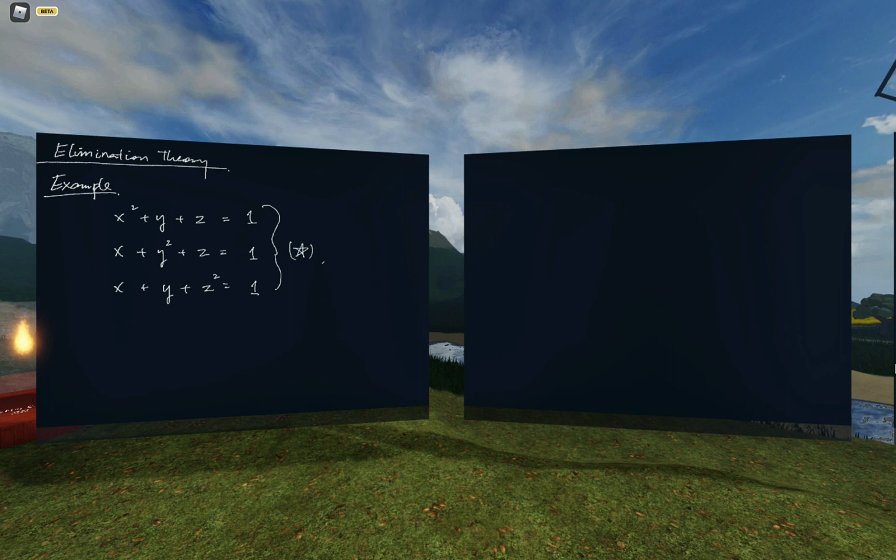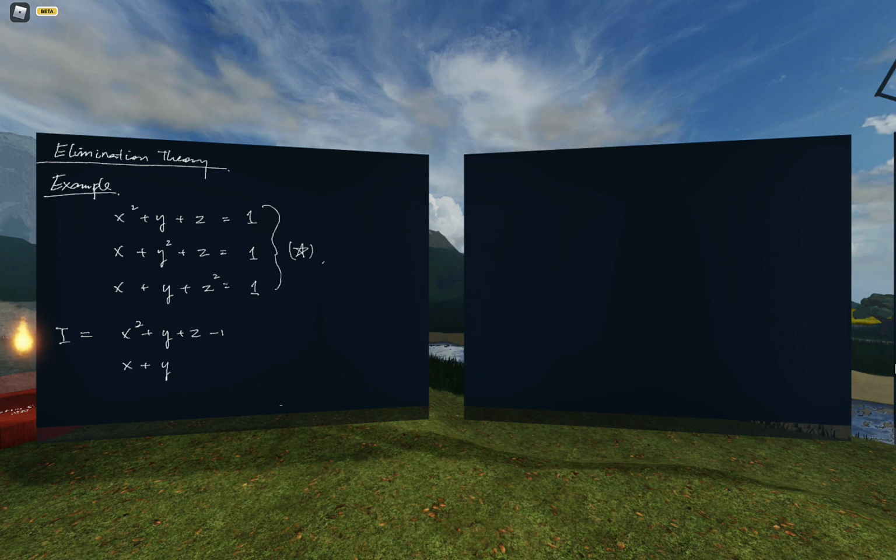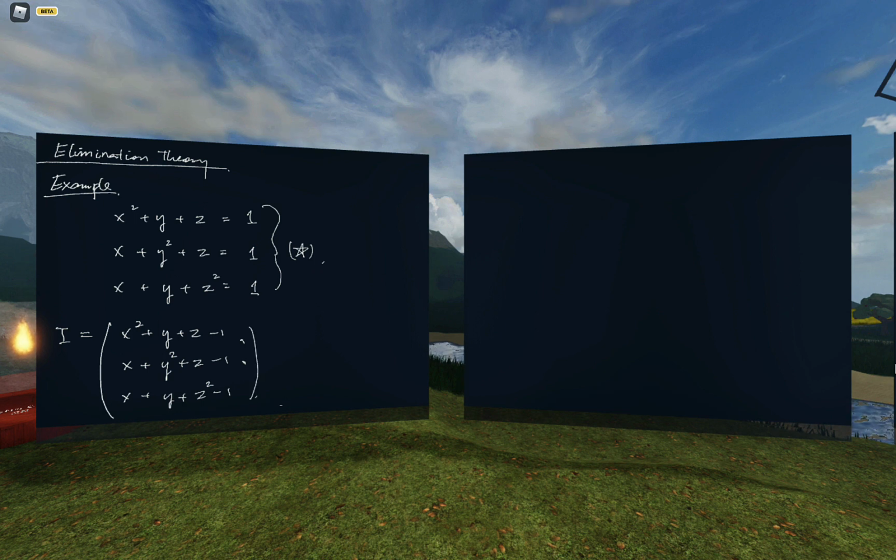Associated to equations like this, you get an ideal, associated to the variety cut out by these equations. The ideal is basically the same stuff, written in a slightly different way, but I'll write it down. Generators, I'll write like this, with commas. So this ideal has 3 generators.